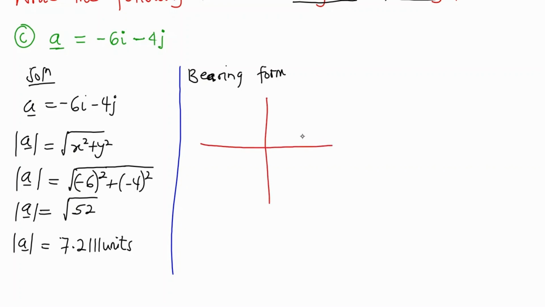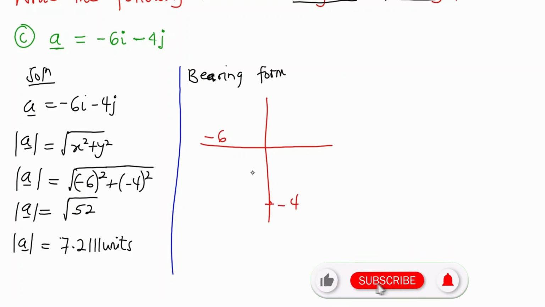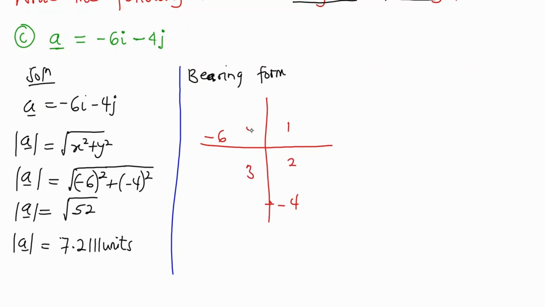Remember that the x part of this vector is negative 6, so we locate negative 6 here, and the y part is negative 4. So you can see that this vector will lie in this quadrant. That is when we are talking about the bearing quadrant, which starts this way: 1, 2, 3, 4.